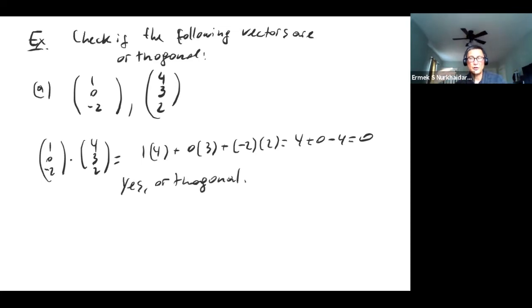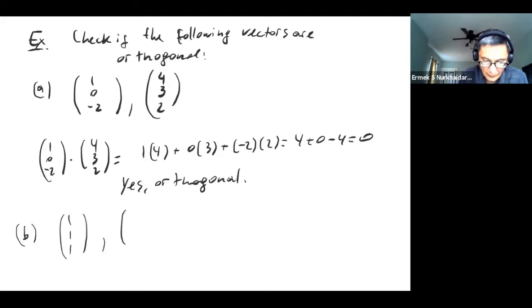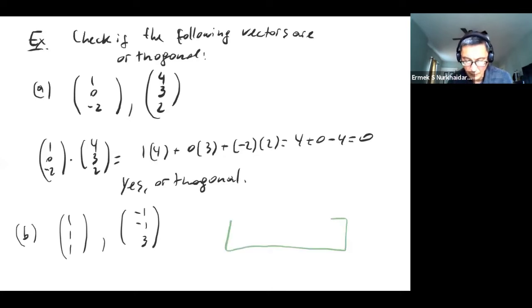So it's easy to check if two vectors are orthogonal. Just find the dot product. The dot product equals 0. Let's do one more. 1, 1, 1, and negative 1, negative 3. I'm going to give it a minute or two to do the calculations and make a conclusion.